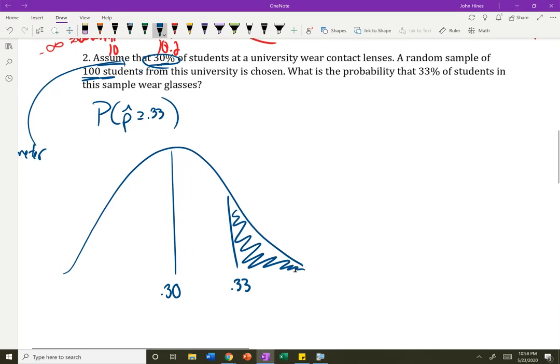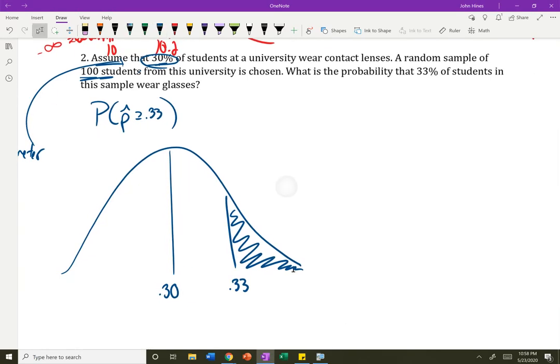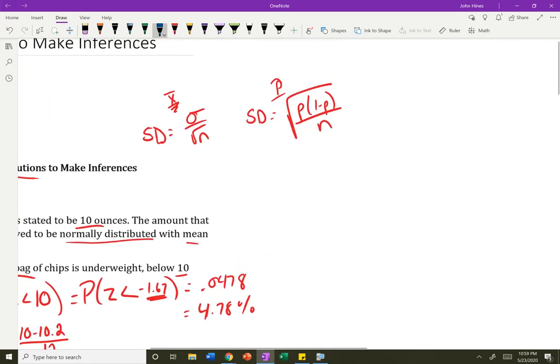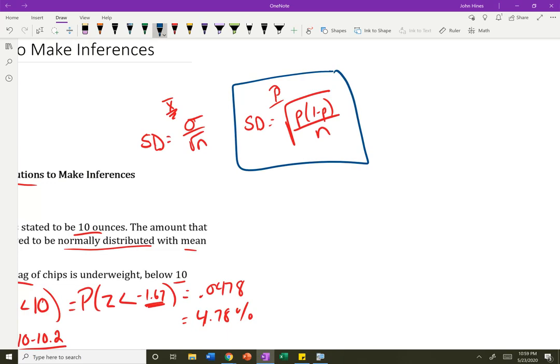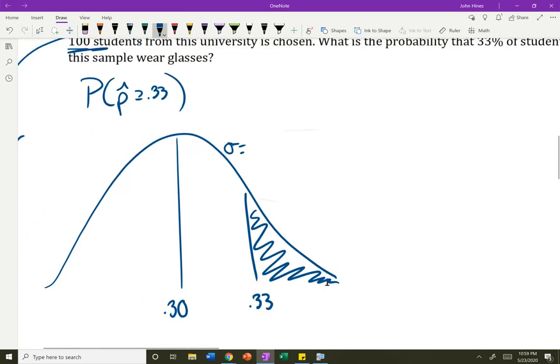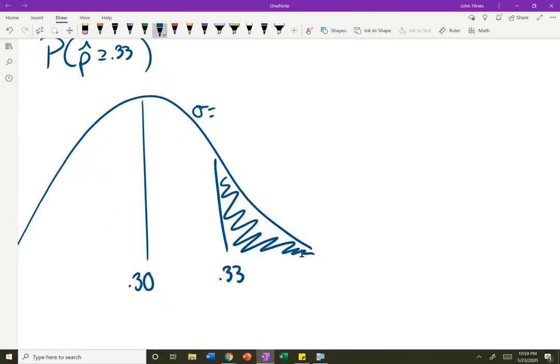The way that we do that is we find a z-score. Well, the key thing is, what's my standard deviation? So this is that weird p(1 minus p) over n formula. The way that we find sigma here is we take the square root of p(1 minus p) over n, with our true parameter 0.30, 1 minus 0.30, over my sample size.